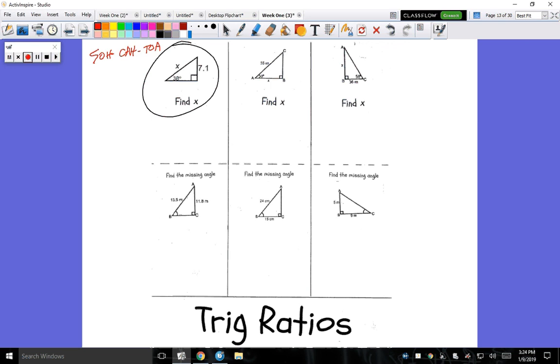Okay. So, to solve this, my goal is to set something up using SOHCAHTOA. What's step one? Let's go with Madison. What is step one? How would you approach this? Right here.